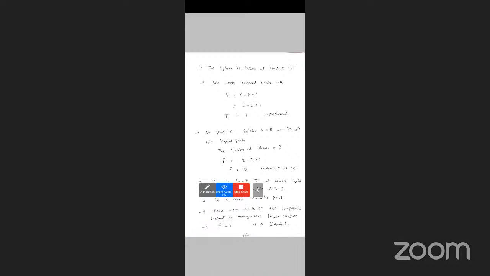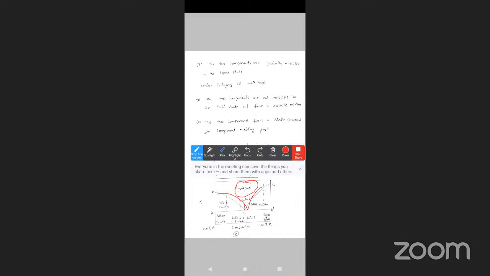Now the area above AC and BC, the two components are present as a homogeneous liquid solution. In this area ACB, everything is liquid, so that is a homogeneous solution.